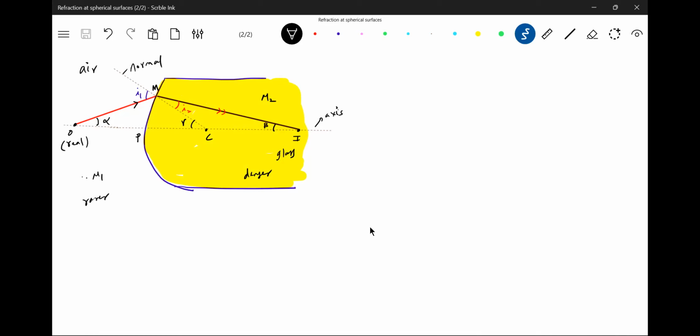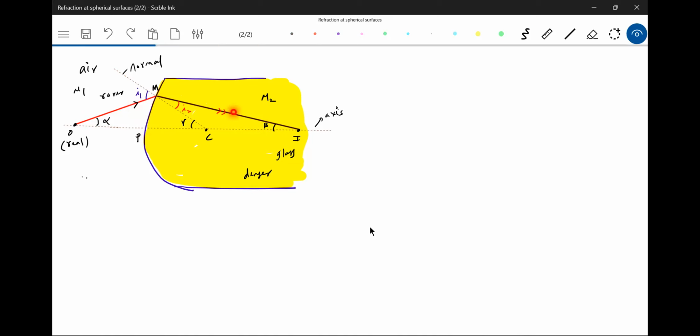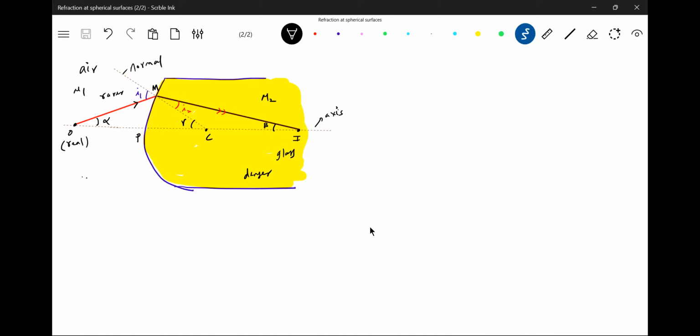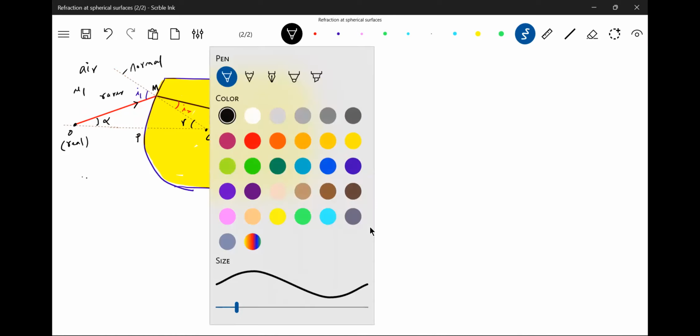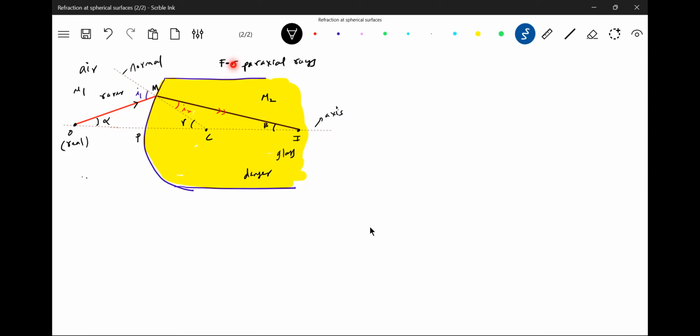This is mu1. Let me use this space for all the distances I'll measure from this particular point P on the axis. All the incident and refracted rays I consider are paraxial, which means we are discussing only paraxial rays.